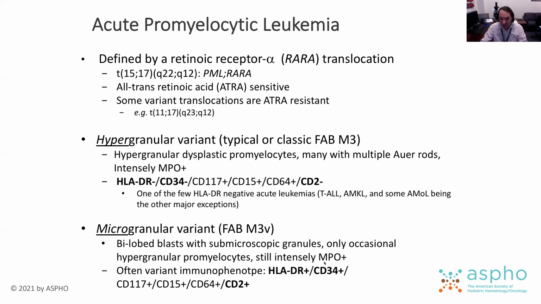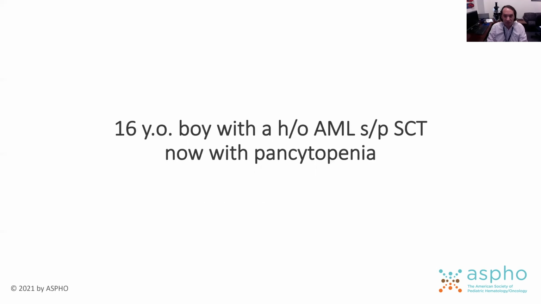So your index of suspicion has to be high for a patient with microgranular variant. Patients with microgranular variant APL typically present with very high white counts, whereas those with hypergranular variant often present with lower white counts.